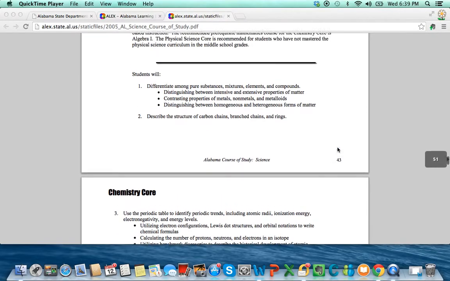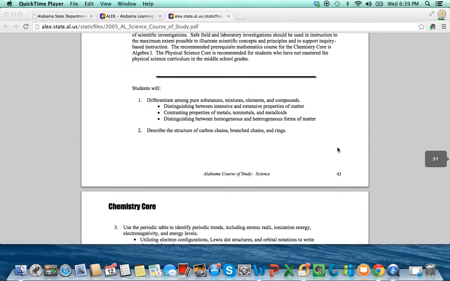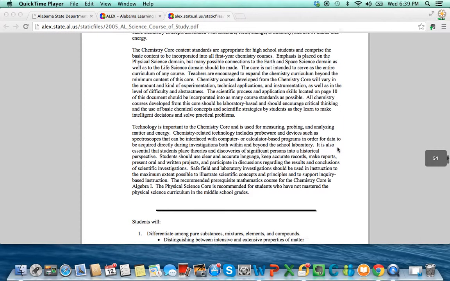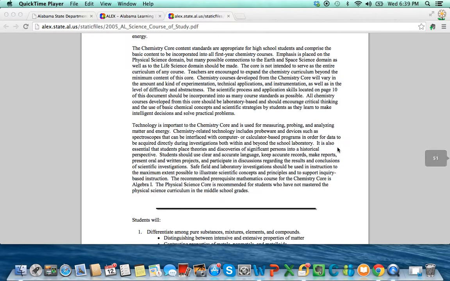And then I want you to choose a standard, or more likely more than one standard, that go together and that would fit into a unit. Okay? So between now and next week, I want you to study your course of study, and I want you to tell me what are the standards that are going to be addressed in the unit that you want to plan from the course you selected during this semester.